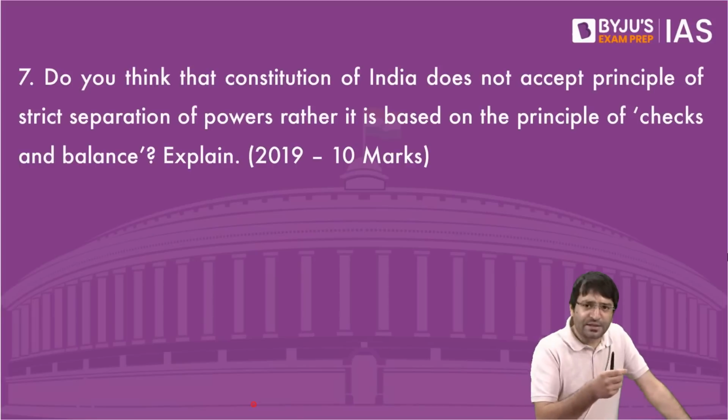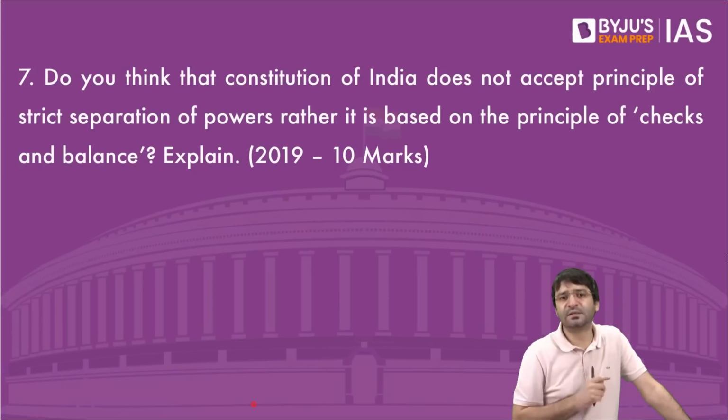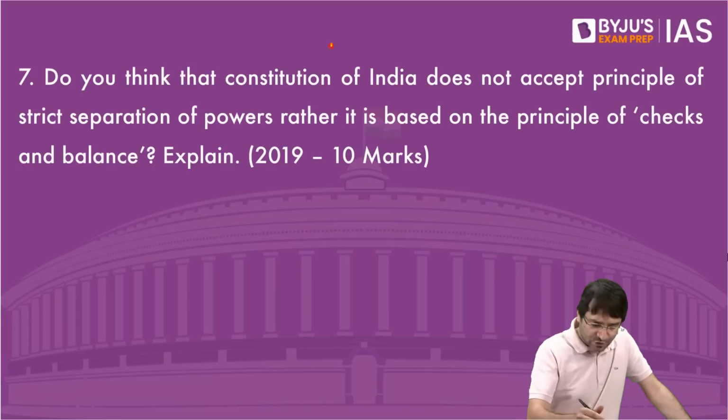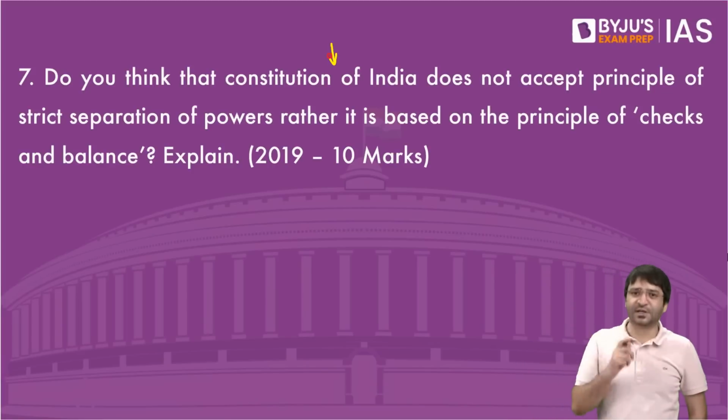But to implement this theory of separation of powers, it was felt that we need one organ to be kept under check by the other organ. And that is how the doctrine of checks and balances emerged. And the Constitution of India provides for checks and balances under the following circumstances.